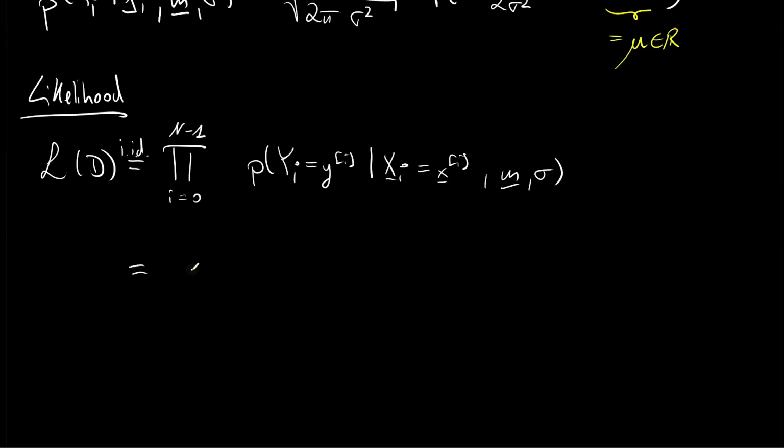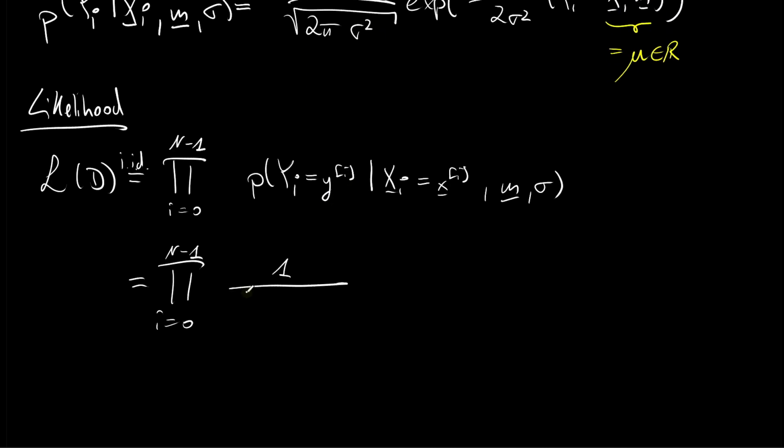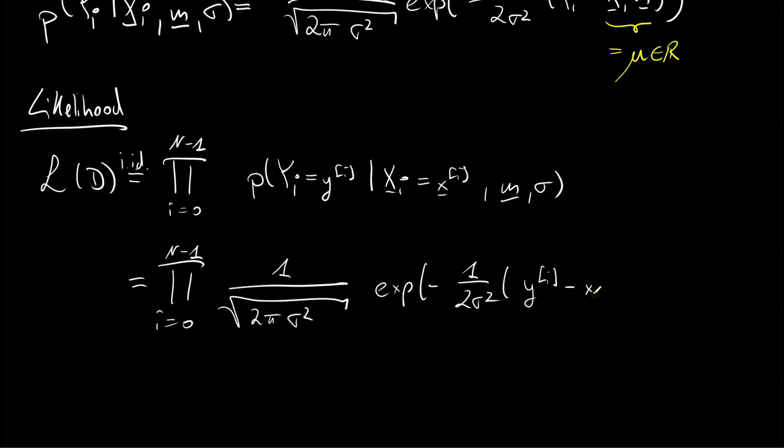And if we then plug in our normal distribution, we have the product from i=0 to N minus 1, and then we have our normalization constant, so 1 over square root of 2 pi sigma squared, times the exponential of minus 1 over 2 sigma squared, and then (lowercase y_i minus lowercase x_i transpose times m) in brackets squared, and then closing brackets for this exponential.